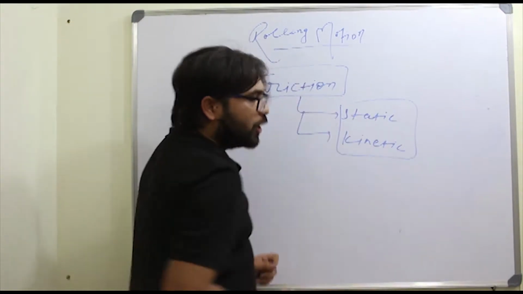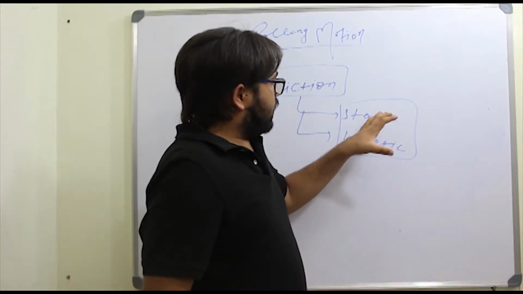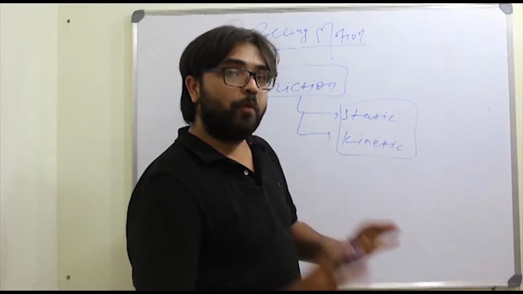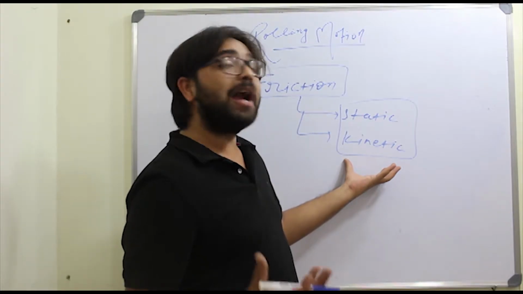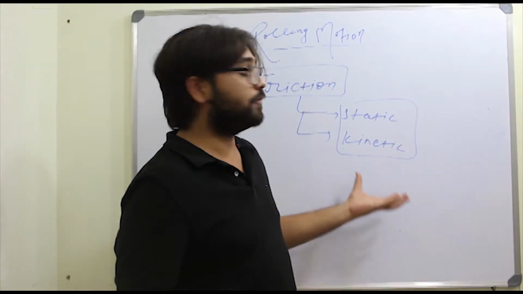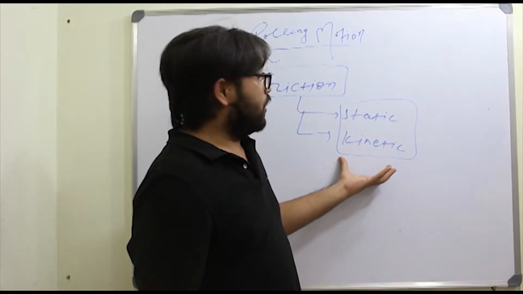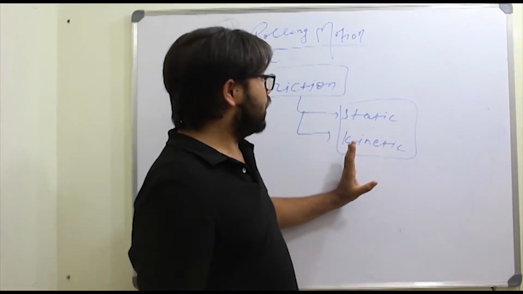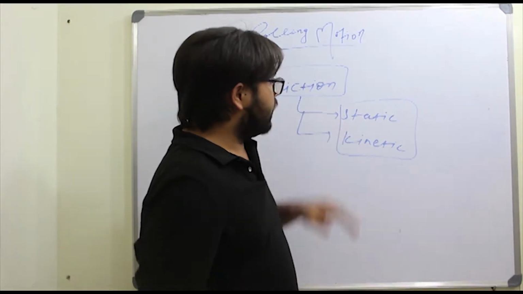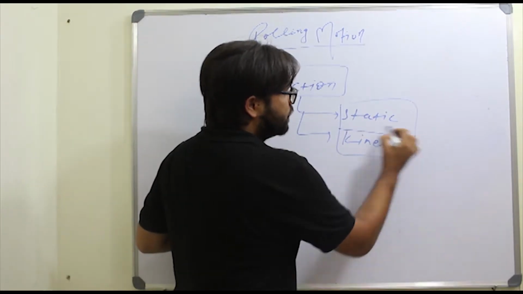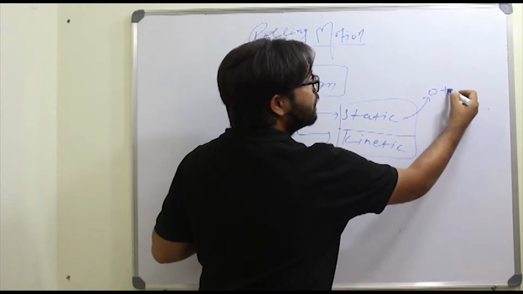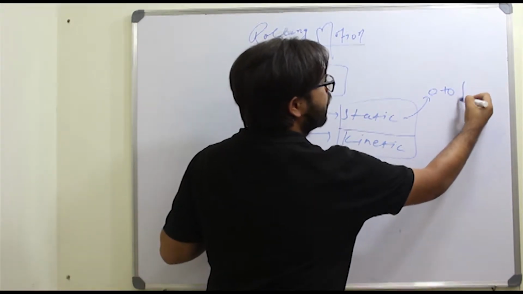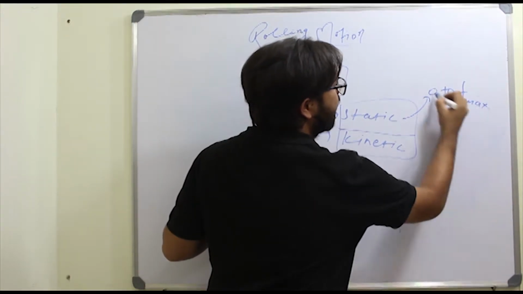The story of friction here is very important, and sometimes I prefer calling friction the bad guy of physics, because friction can change its value. Actually, kinetic friction does not change its value. Static friction can change its value from 0 to some maximum value, which I am calling F max.